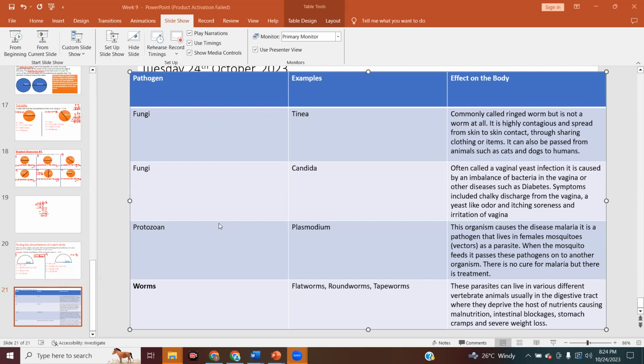I don't know. Like what animal spreads malaria? Oh, mosquitoes. Mosquitoes. Do you know that mosquito is a vector? As we call them, a vector. Okay. Yes, sir.